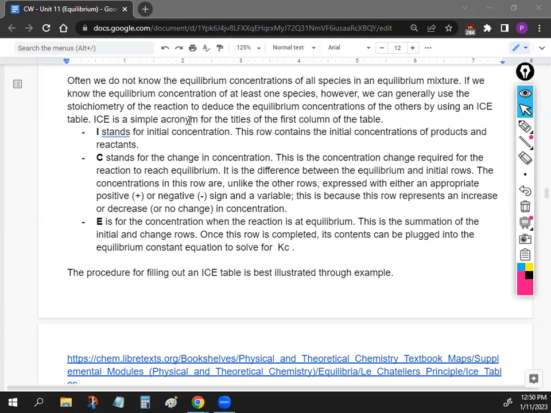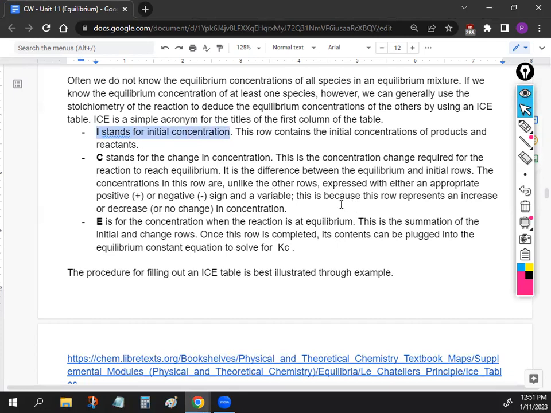You don't need to write all this down. I'm going to show you how to use an ICE table, but I'll note the stuff that might be important. When we don't know the equilibrium concentration for everything in a mixture, we have to use an ICE table to figure out what the concentrations are at equilibrium. You might want to write this part down: I in ICE stands for initial concentration.